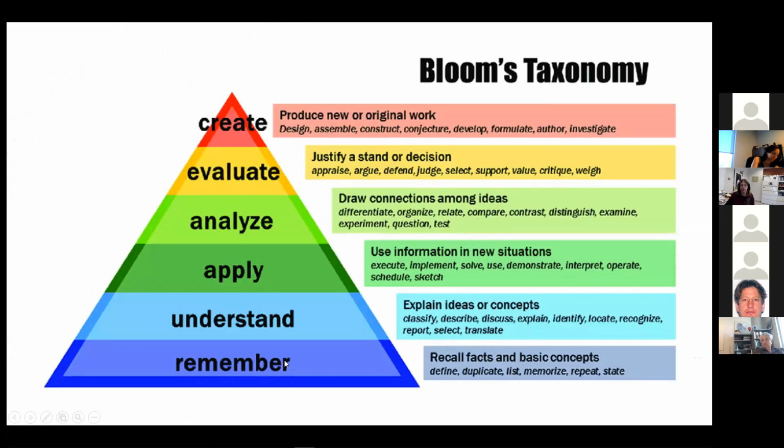The most basic way to say somebody knows something or has studied something is that they remember and are able to recall facts and or basic concepts. And so the verbs here would be things like define or list or state. Okay. The next would be explain. So can you classify? Can you identify in context? Can you recognize, select, or translate?